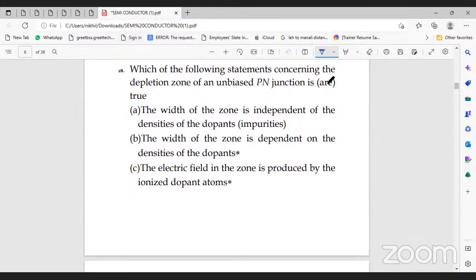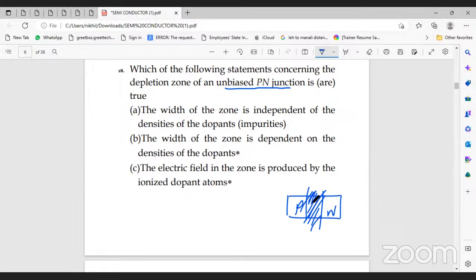Which of the following statements concerning the depletion zone of an unbiased PN junction is true? Unbiased means the external source is not connected to the depletion region.